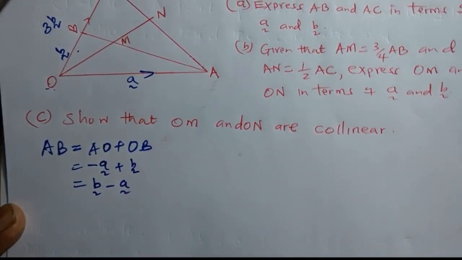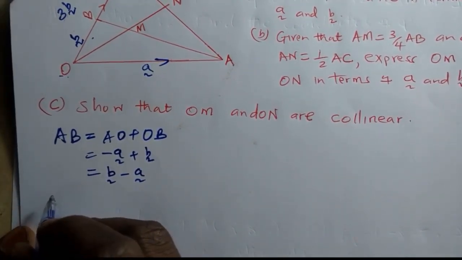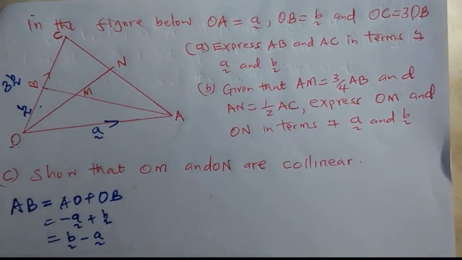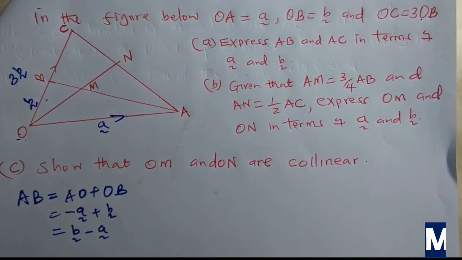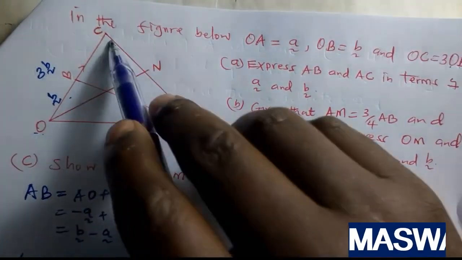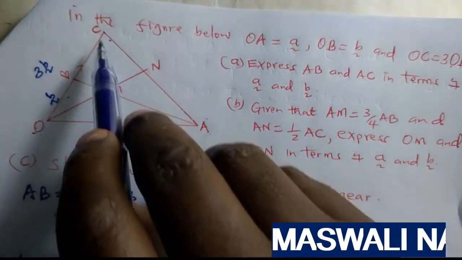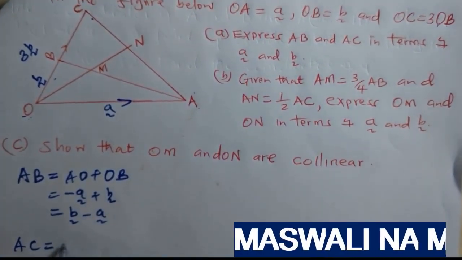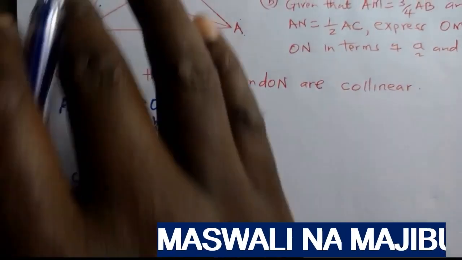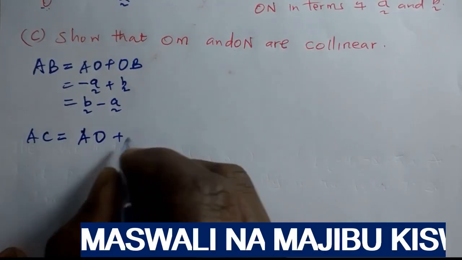Now the next one is vector AC. How do we get AC? AC is equal to AO plus OC.